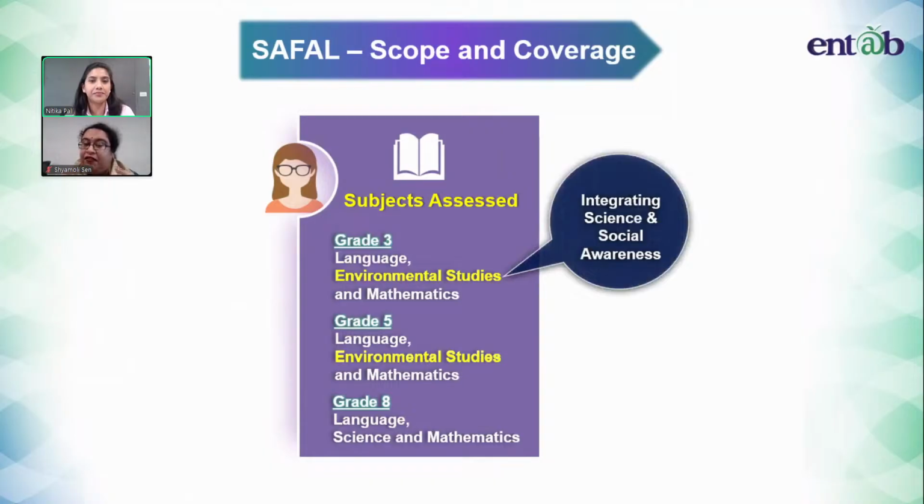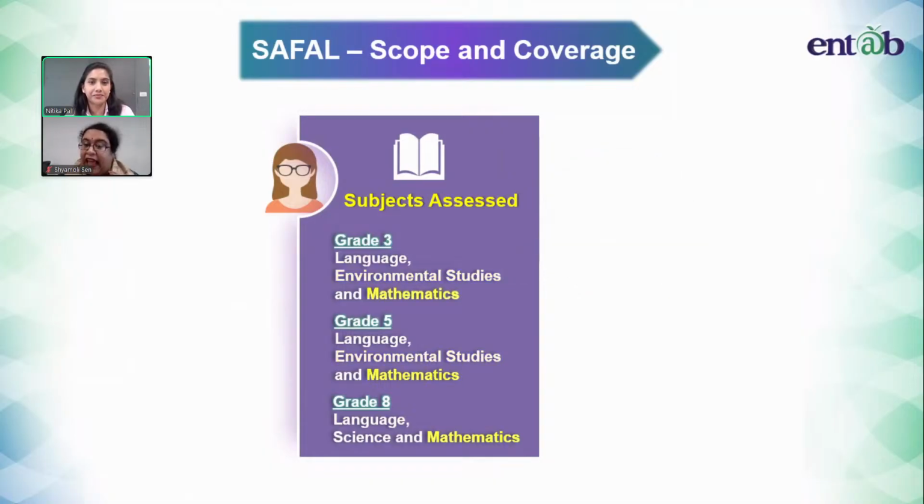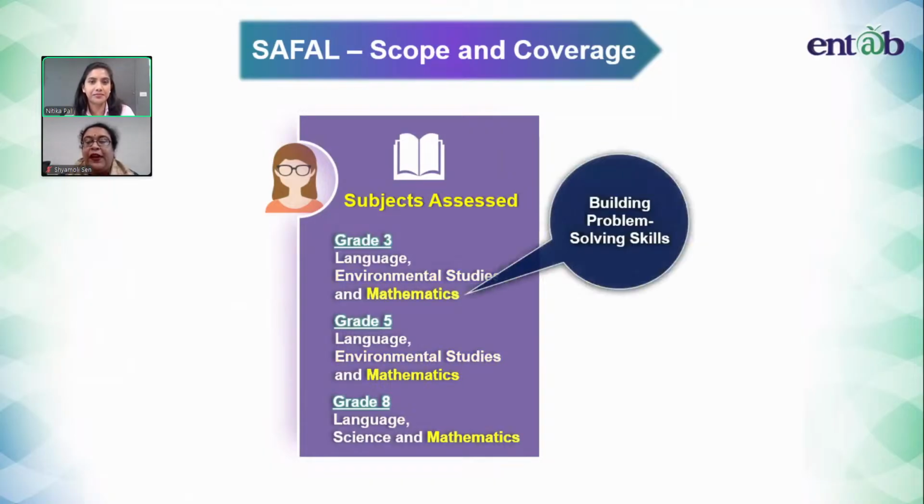Now these are very important subjects. Language, as we all know, builds communication skills, whereas environmental studies helps a student to integrate science with social awareness, and mathematics helps in building problem-solving skills.